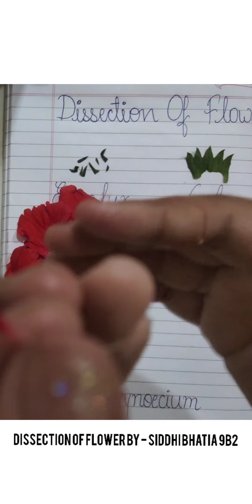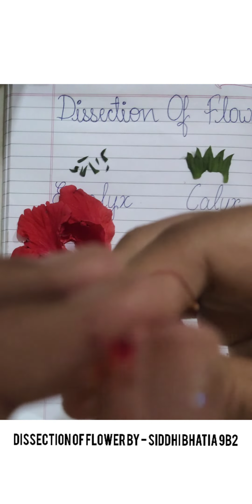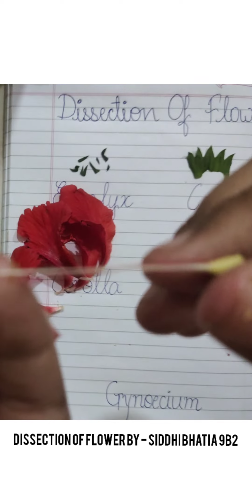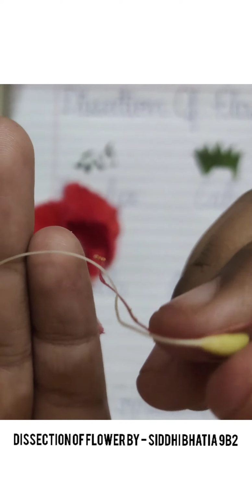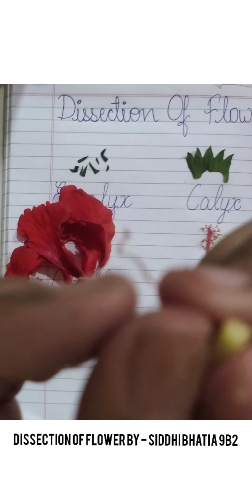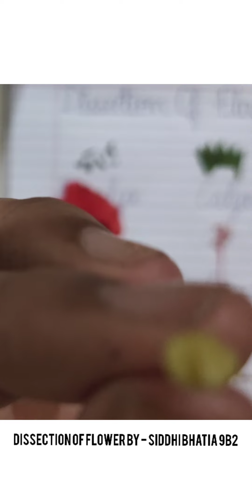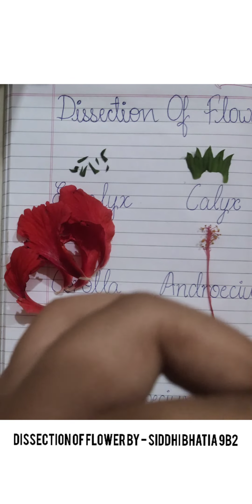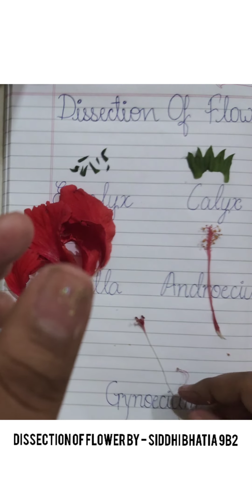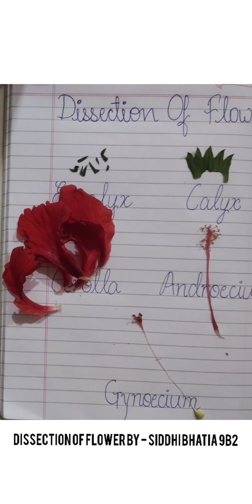You can see the stigma, there are 5 stigmas, and it is attached with a tube which is known as style. And this is ovary, and inside the ovary the ovules are visible. You can see. And this is the male part.